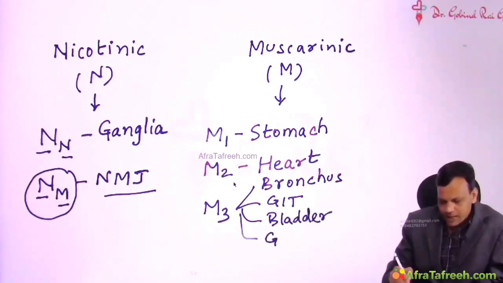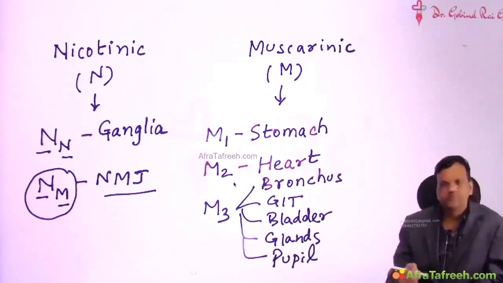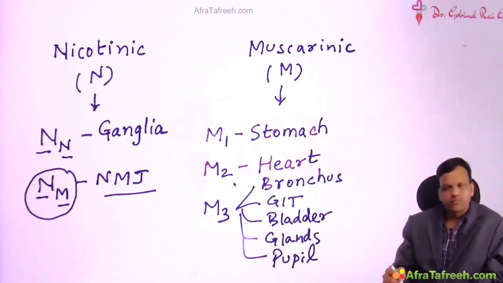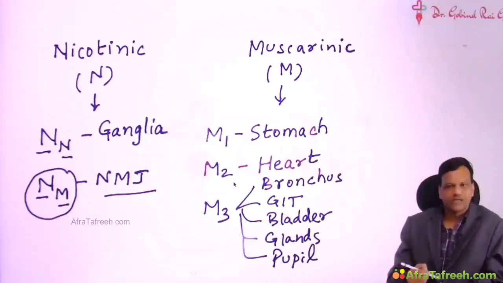So everywhere else we have M3 receptors. And the action of M3 we already know. Stimulation of M3 will result in bronchoconstriction, diarrhea, increased urine outflow, increased watery secretions and miosis. So all these are actions of M3 receptors.